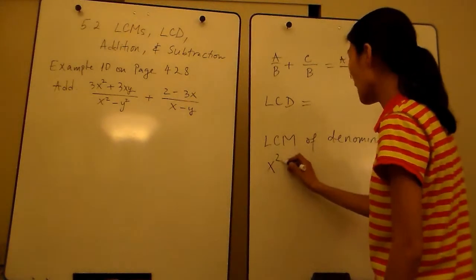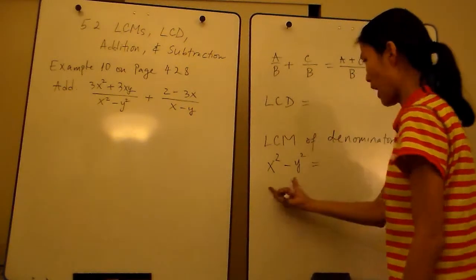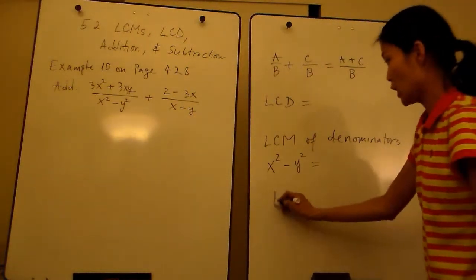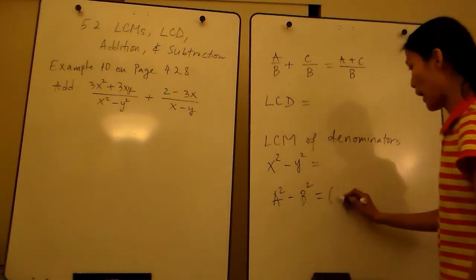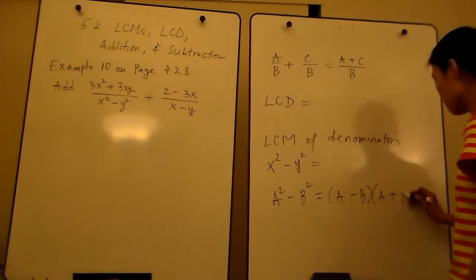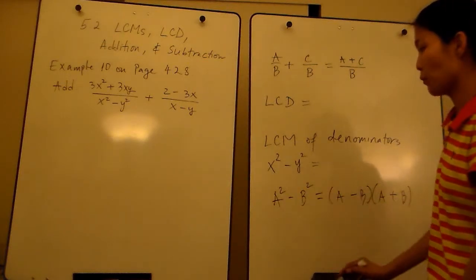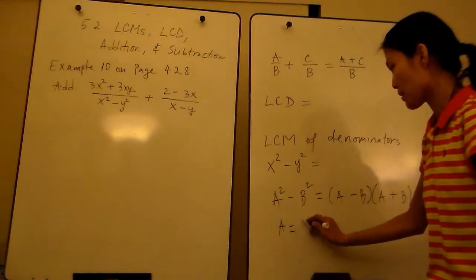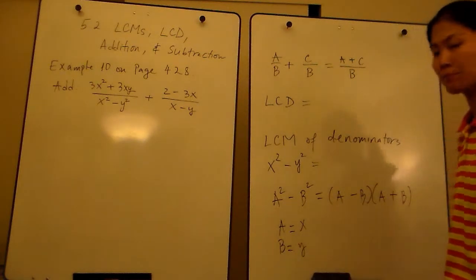The first denominator is x squared minus y squared. And we know how to factor this by now, using the formula a squared minus b squared is equal to a minus b times a plus b. We have the form right here, x squared minus y squared. So a is x and b is y.